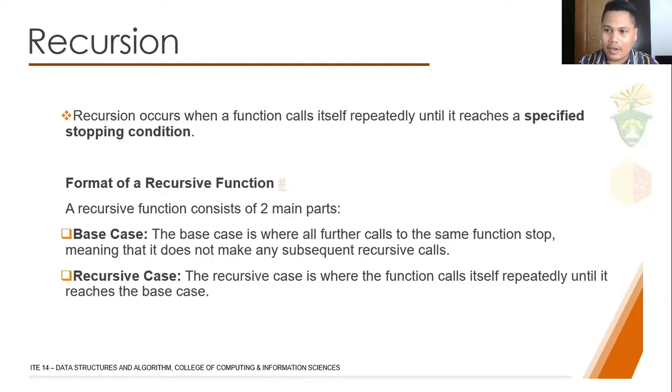Your counter counts, meaning your baseline for your condition will be set to true or false so that your loop stops. The same with recursion, it also has features and characteristics so that our function calling itself repeatedly does not become infinite. Otherwise, it will never finish.